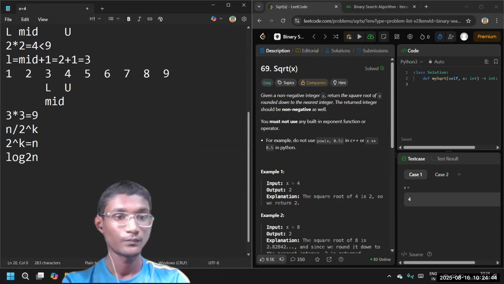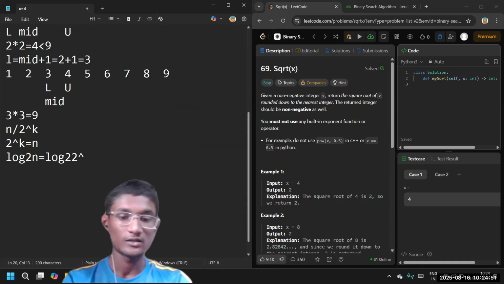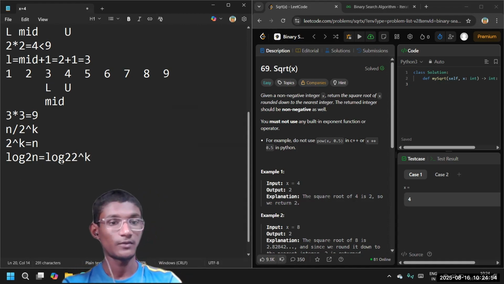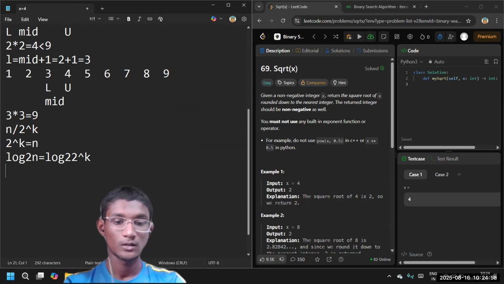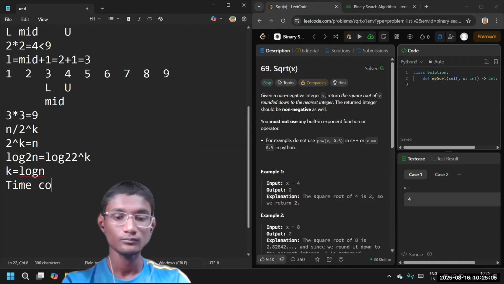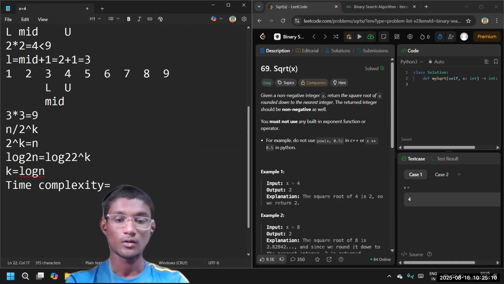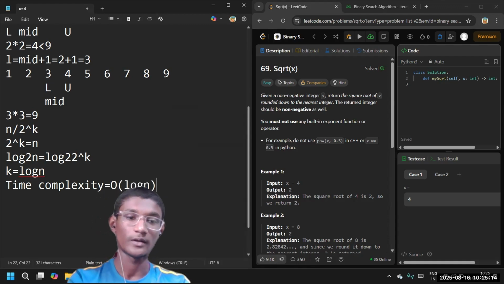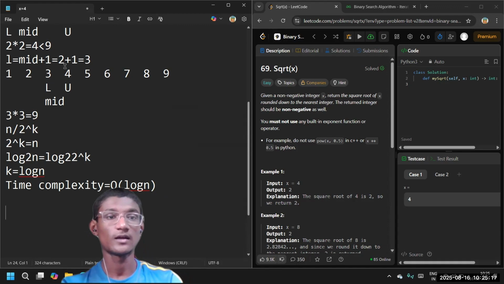Log base 2 of n equals log base 2 of 2 power k, here log 2 base 2 cancels and k remains, that is k equal to log n. Got it or not? So the time complexity equals order of log n for the binary search. So this is about this, guys.